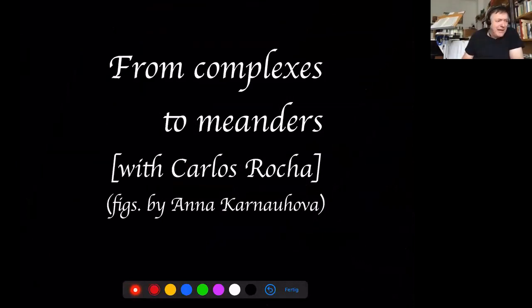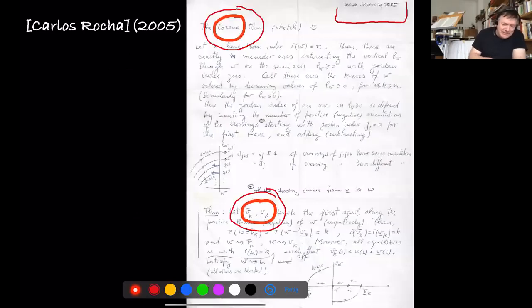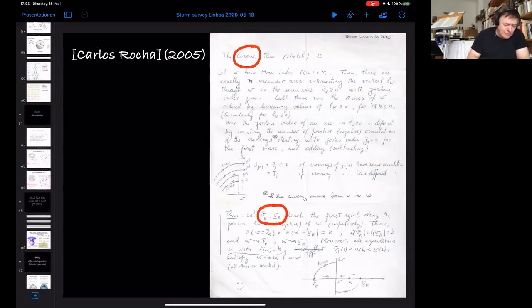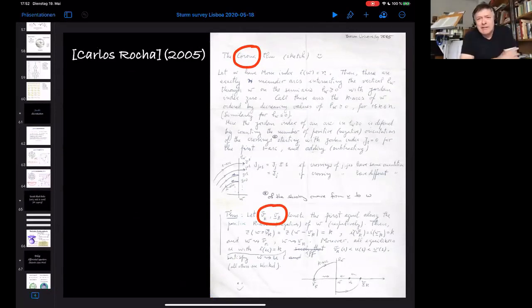From complexes to meanders, looking at the time, let me skip some parts of this here. Let me mention in words that there is an ultimate discretization of Sturm meanders. In fact, there is a class of discrete versions of these parabolic equations, which is called Jacobi systems, which have similar sign preservation or sign dropping properties.